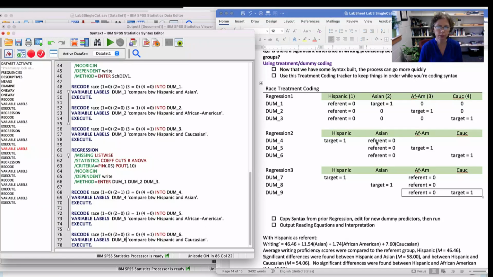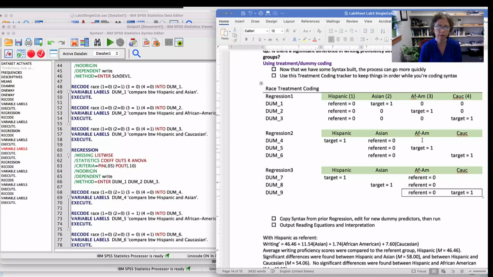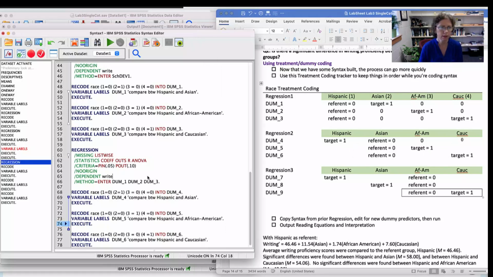For DUM4, for all of them, I want the referent to be Asian, but for DUM4, the target is Hispanic. So my numbers across will be 1, 0, 0, 0, because here we don't have anything there. Anyone else is just going to be a 0. You get the idea.